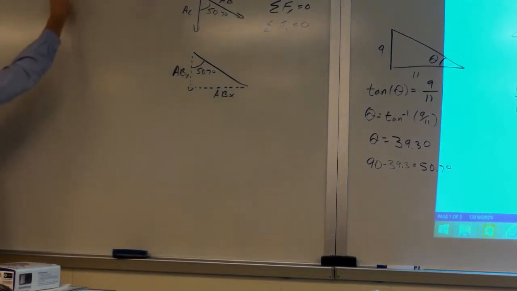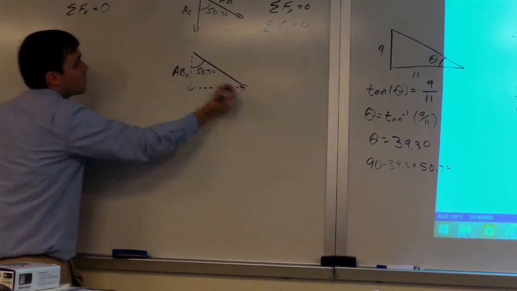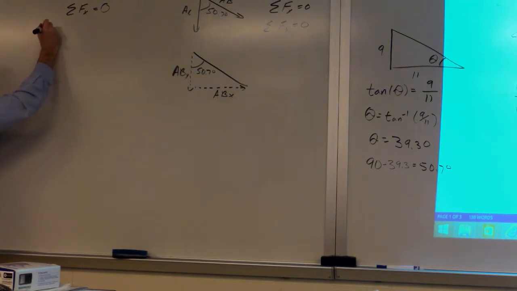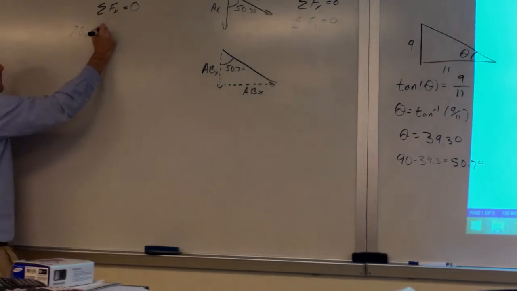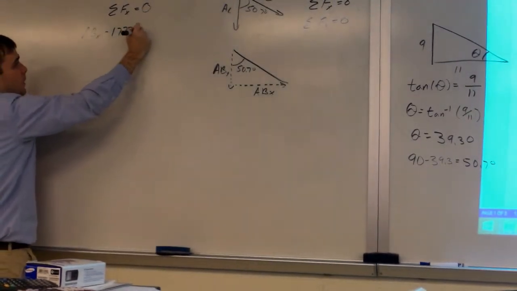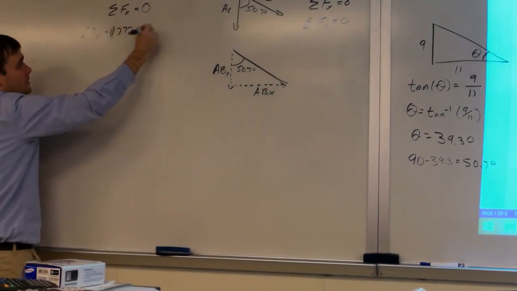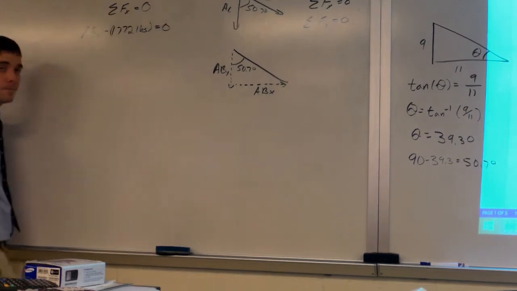Alright, so we're going to say summation of forces in the x direction equals 0. What forces do we have in the x direction? ABX. So ABX is going to be positive because it's pointed right, and then negative 1772 pounds, which is negative because it's going to the left.